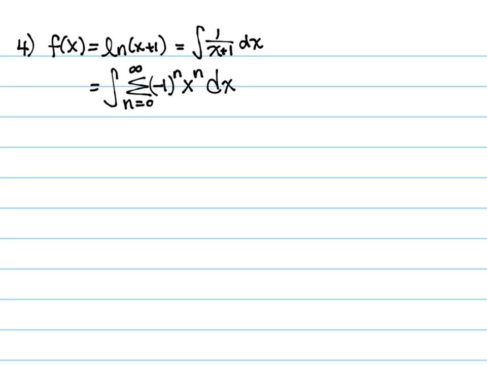Right? And we're going to allow our integration, just like I did the derivative, to pass through inside of the summation. So I have the summation from n equals 0 to infinity. Negative 1 to the n is a constant. It doesn't change anything. What's the antiderivative of x to the n? X to the n plus 1, right? Over n plus 1.